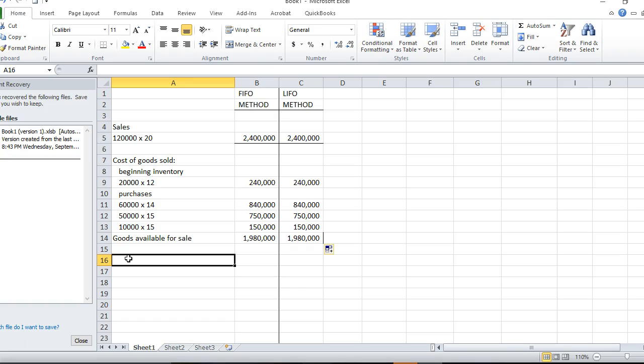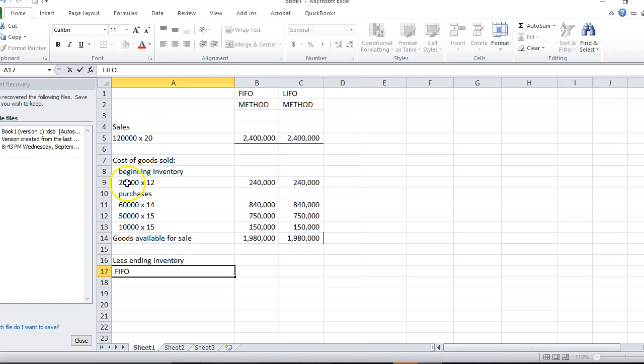We had available 140,000 units. If we sold 120,000, what's on hand at the end of the year? 20,000, right?